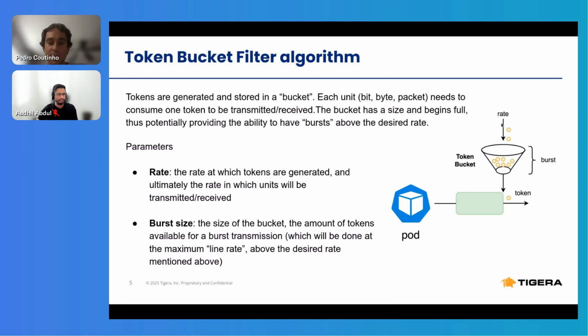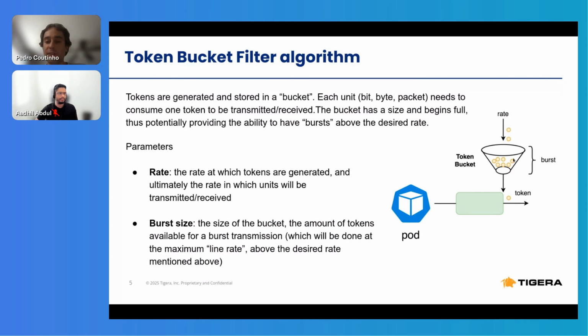This way, we can make sure that the rate at which we transmit, on average, will equal the rate at which we fill the bucket, which is the exact parameter that we put in for the limits. Apart from that, another concept is the burst size, which can be pictured as the size of the bucket, and the bucket begins full.